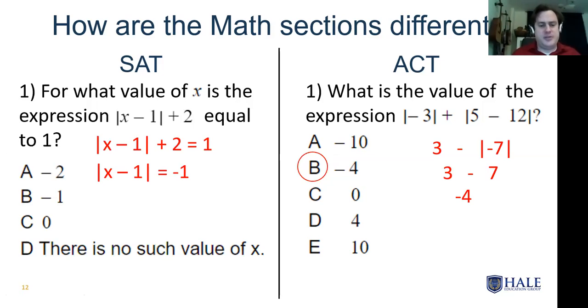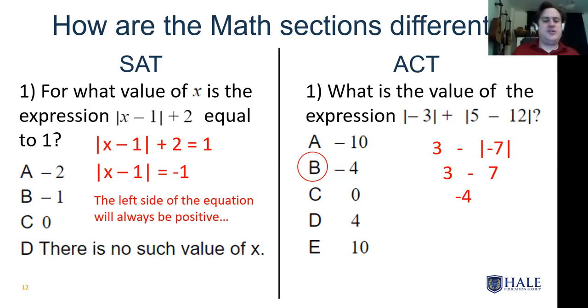If you subtract 2 from both sides of this equation, you get the absolute value of x minus 1 equals -1. Well, if you know your properties of absolute value, you know that the left side of this equation will always be positive, which means there is no value of x that satisfies this equation. So you can see the ACT is like, okay, just solve this and show me you know it. Whereas the SAT is like, hey, how well do you know this topic? Prove it to me.